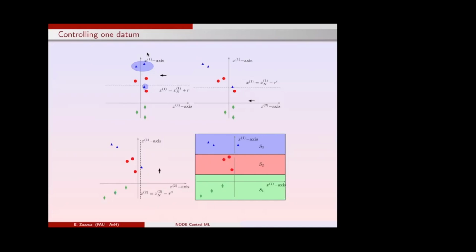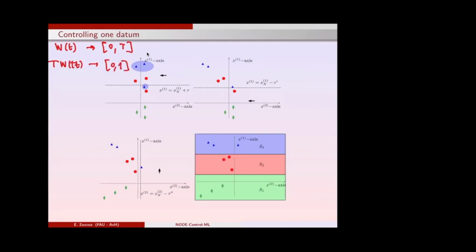So we have said that, whatever you can do with the control W(t) in the time interval 0 to capital T, right? You can do it with the control capital T times W(t), maybe also with a change of variable here, right? Capital T times W(t) in the time interval 0, 1, right?